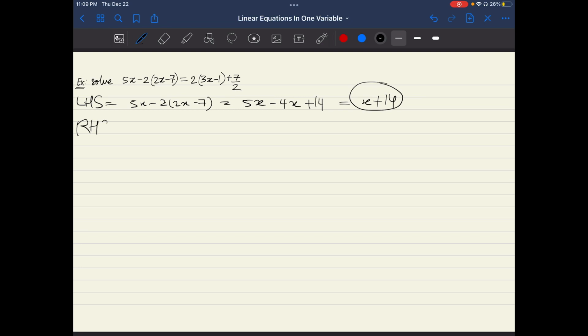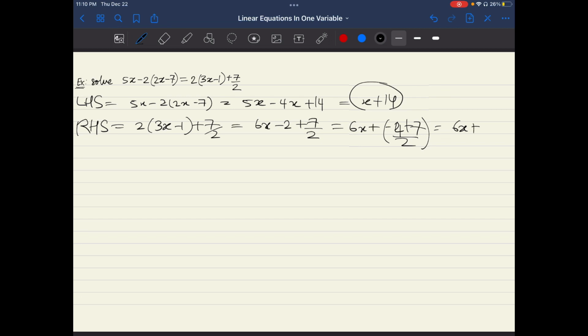Similarly, we will solve the RHS, and our RHS is 2 times (3x minus 1) plus 7 over 2, which is 6x minus 2 plus 7 over 2, which is 6x plus (minus 4 plus 7)/2, which is 6x plus 3 over 2.